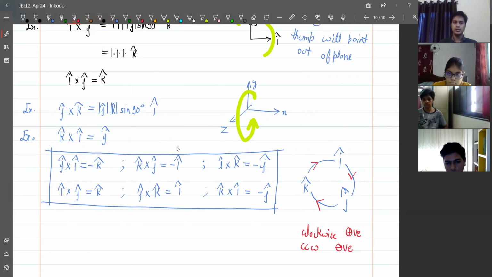So I cross K will be minus J. And K cross I should be plus J. We'll be discussing this in detail in the next class also. But you can just remember this trick, and you can remember the results, just drawing it in the circle.